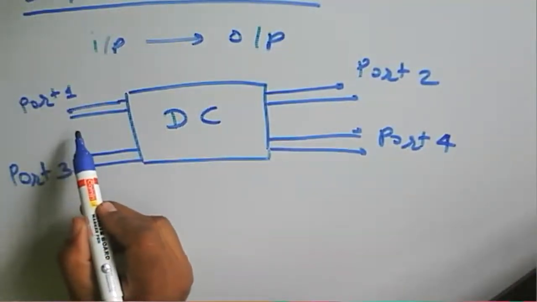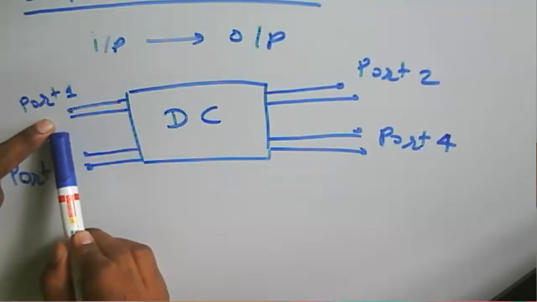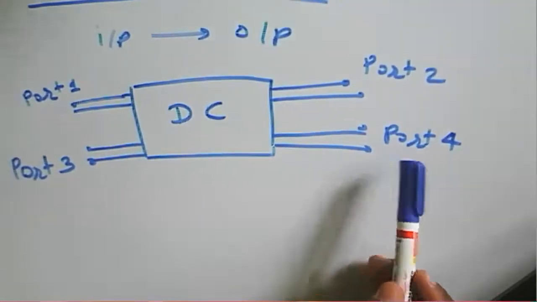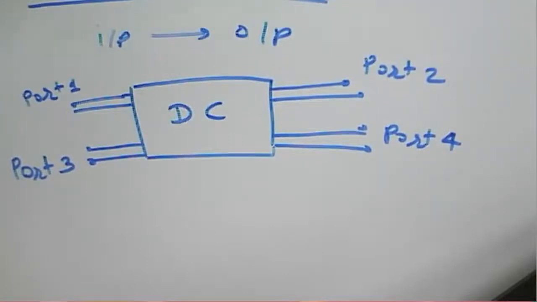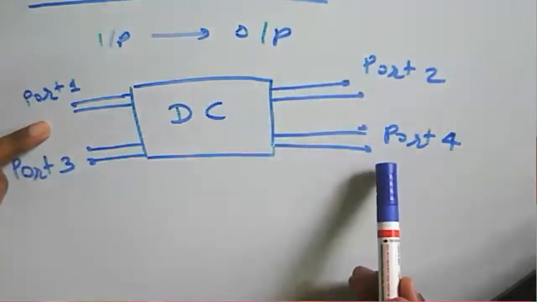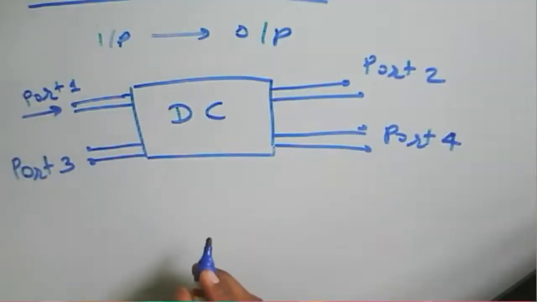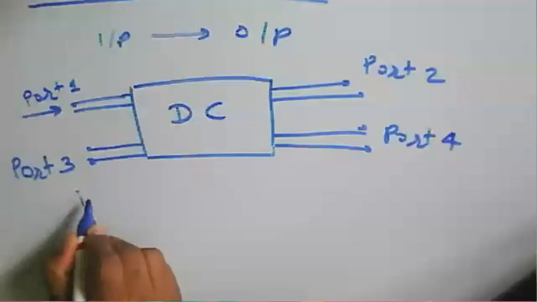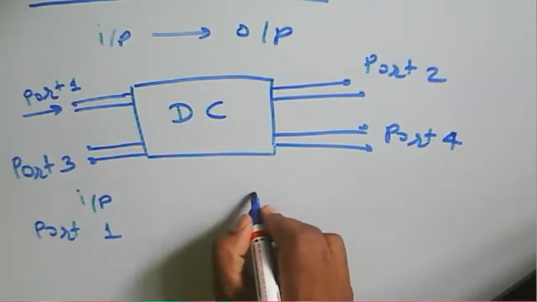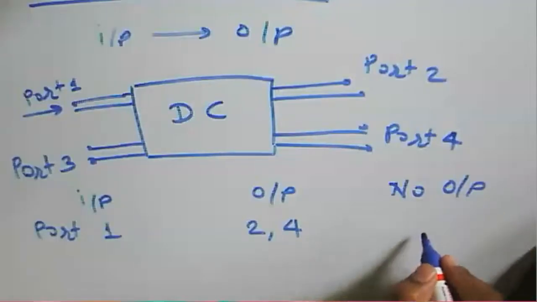When we provide the input to port one, meaning the incident signal is at port one, then power output will be available at port two and port four, because in a given direction the signal propagates. So input at port one gives output at port two and port four, and no output at port three.